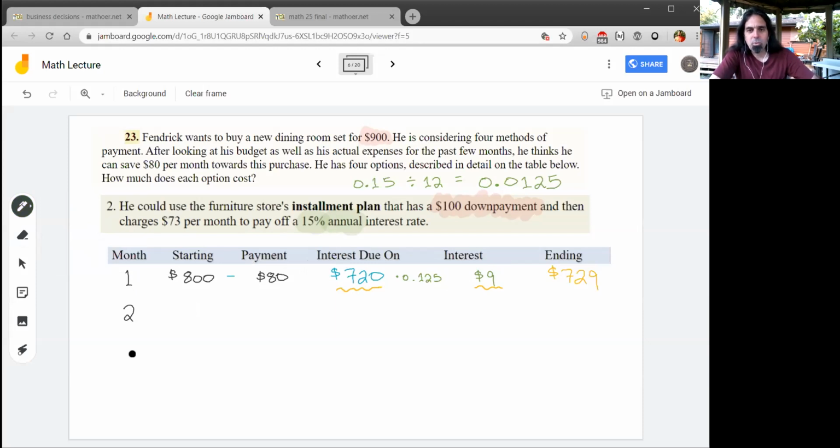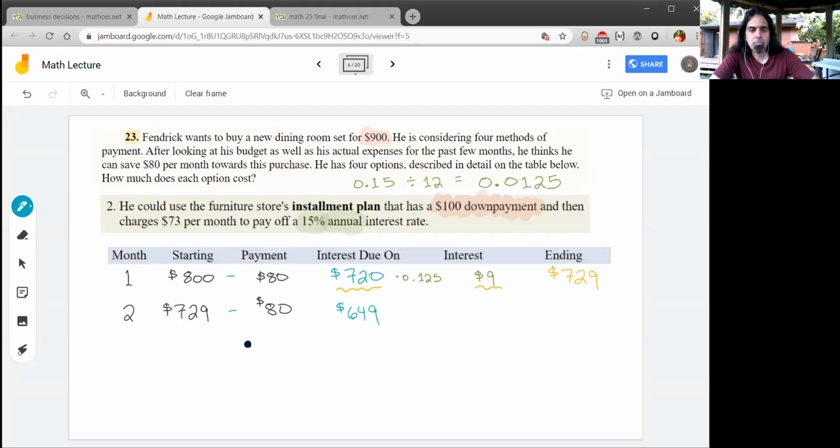Okay, month 2, what do we start with? It's whatever we ended with last time. He always pays 80. We'll subtract. So 60 less than 709, so 749. No, 649.